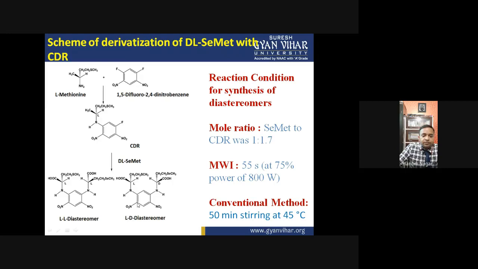If we see this compound, both the hydrophobic groups are present on the same side, meaning they are below the plane of the ring. So both the hydrophobic groups are on the same side. This is called the cis isomer. So cis diastereomers have more hydrophobic character than the trans diastereomer. This is the trans diastereomer and this is the cis diastereomer.